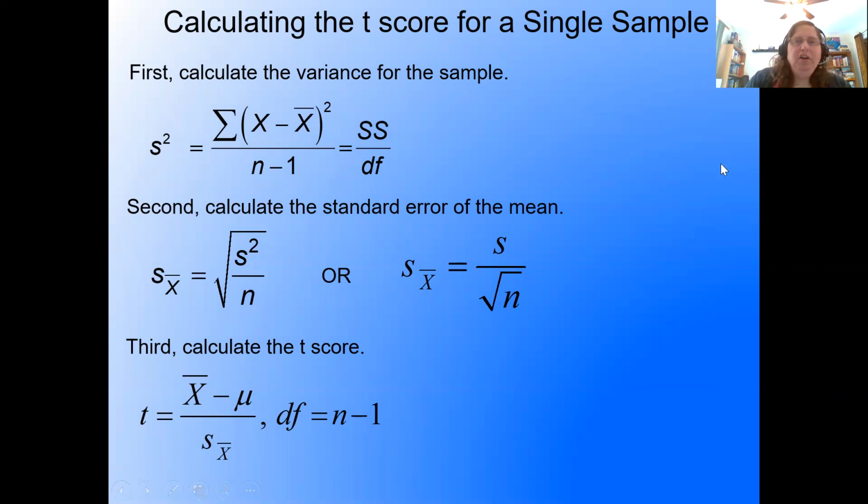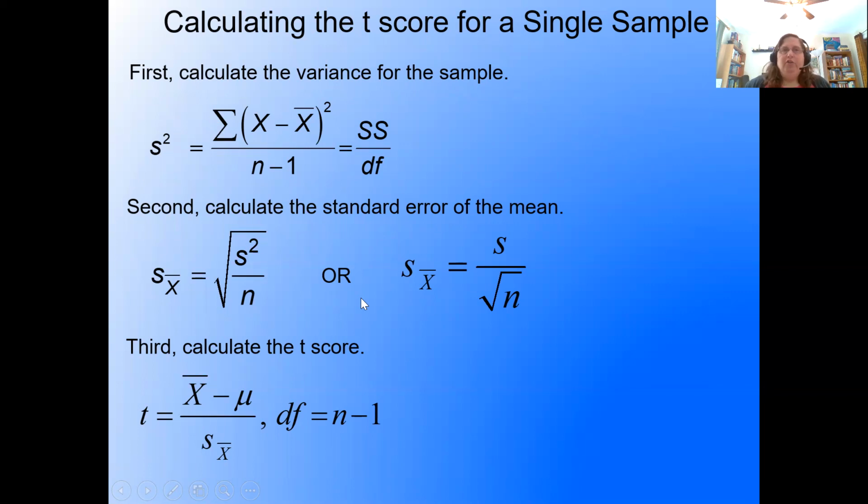So if we are given raw data, then the first thing we need to do is calculate the variance for the sample. We need to get S squared. How do we do that? SUSAD. Good old SUSAD. Subtract, square, add, divide.